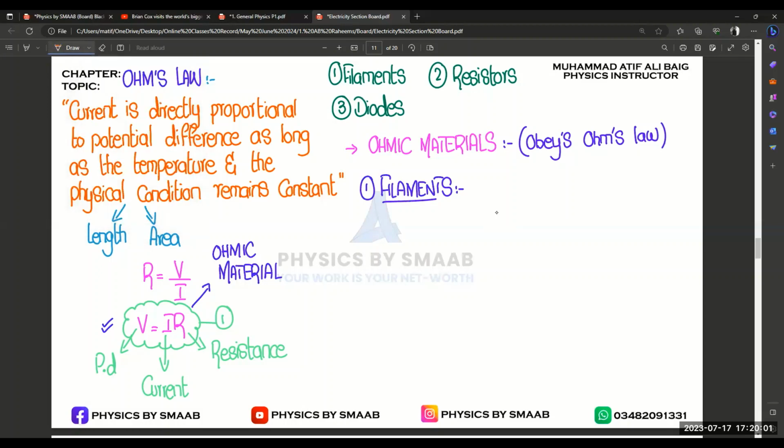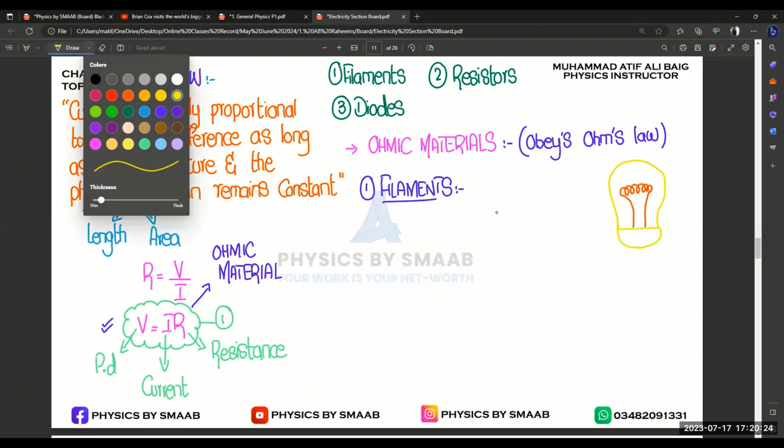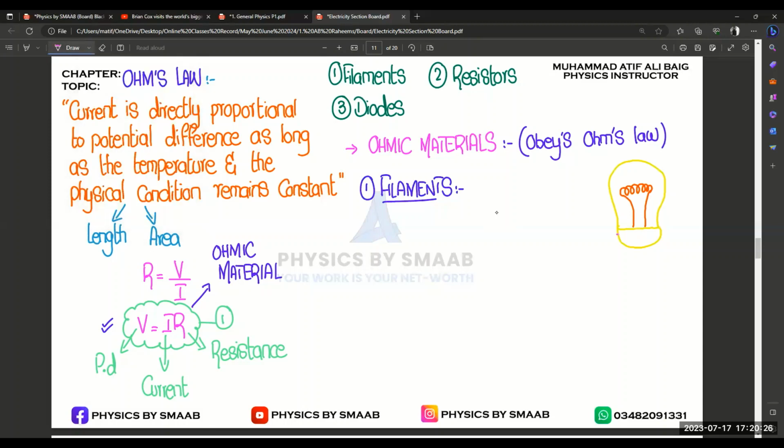If you know about their structure, there are two very thin wires and a spiral wire in between, covered with glass, like this. So these are the filament lamps. Basically, the name of this material is filament.